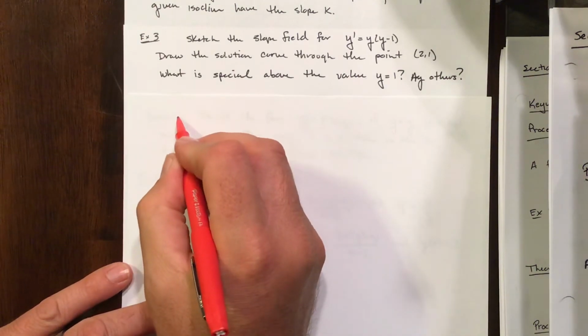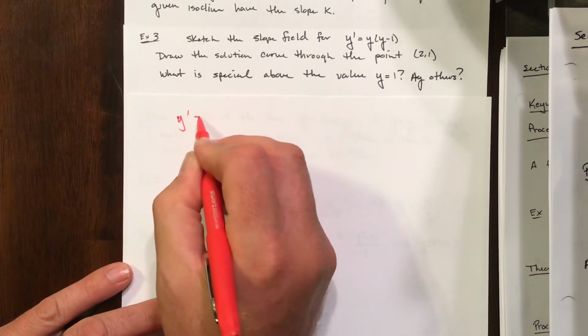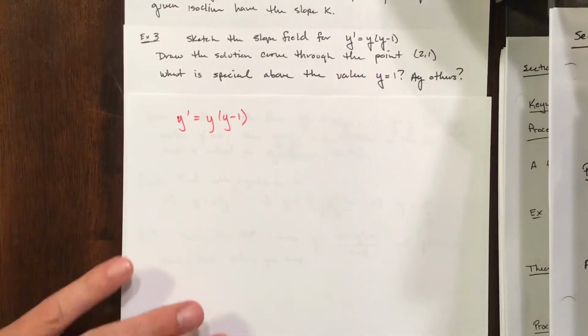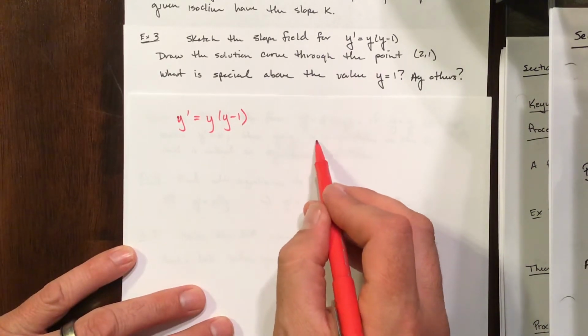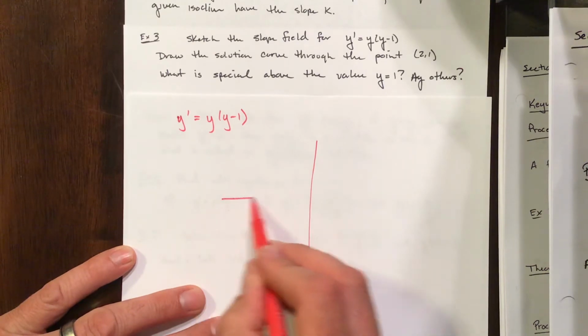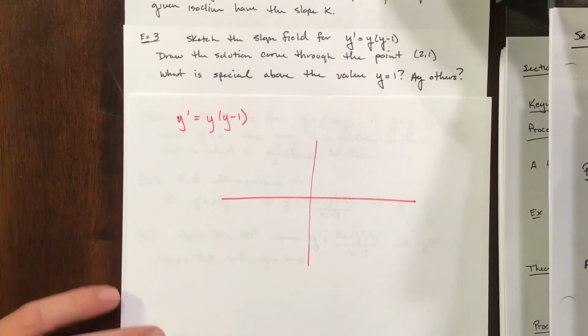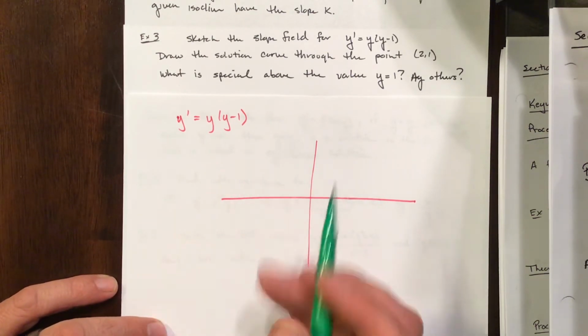So the differential equation, y prime equals y times y minus 1. Well, the first thing that you notice is that this doesn't involve x, it only involves y. Okay, so that will make our process a little bit faster. If I try y equals 0 in our differential equation, what's y prime?